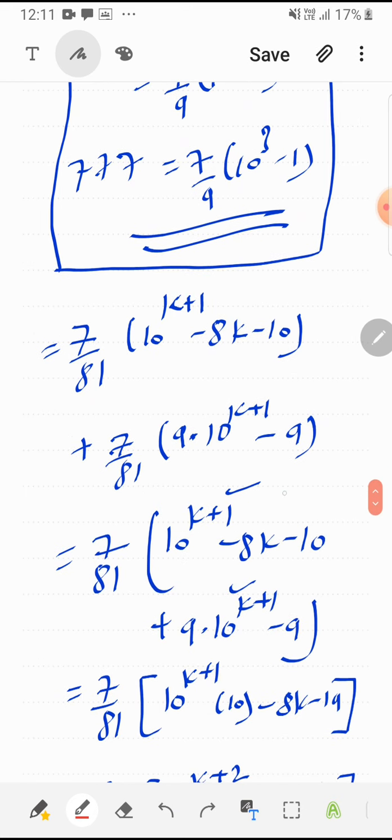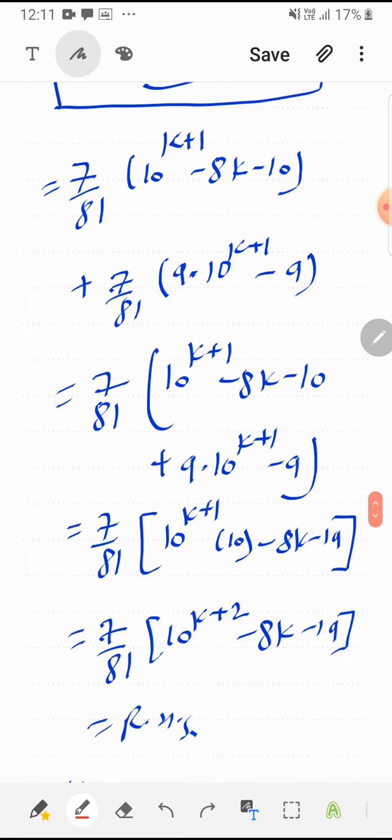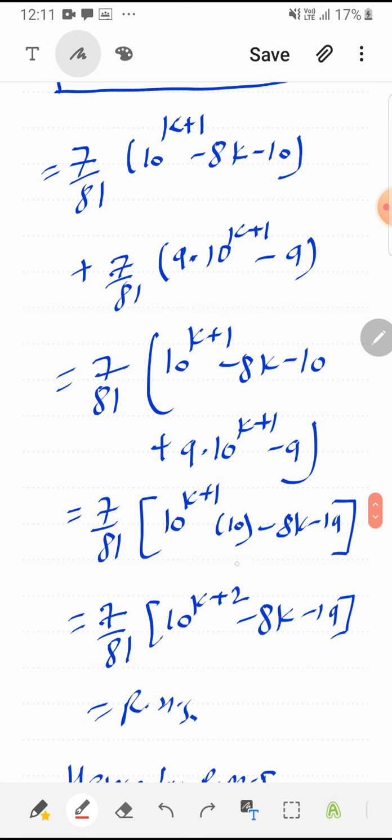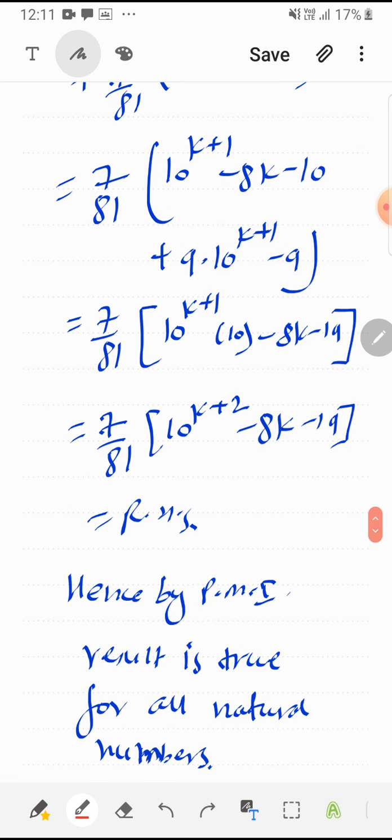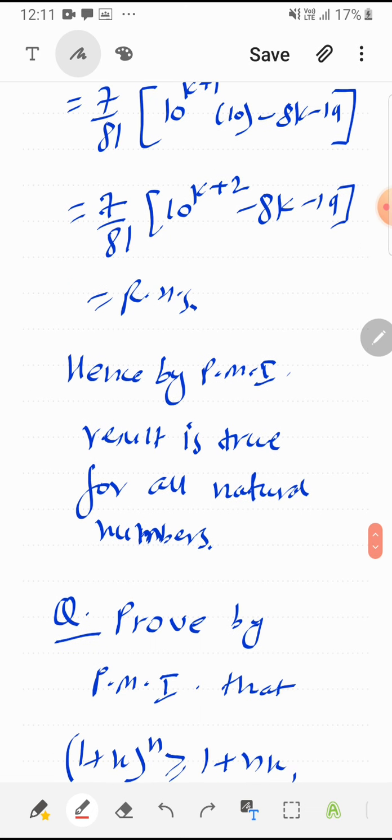After that, obviously I can take common 10 raised to the power k plus 1 from these two terms, so that it is 10 raised to the power k plus 1 into 10, and by law of exponent it is 10 raised to the power k plus 2. And finally this is equal to the right hand side. Thus by PMI the result is true for all natural numbers.